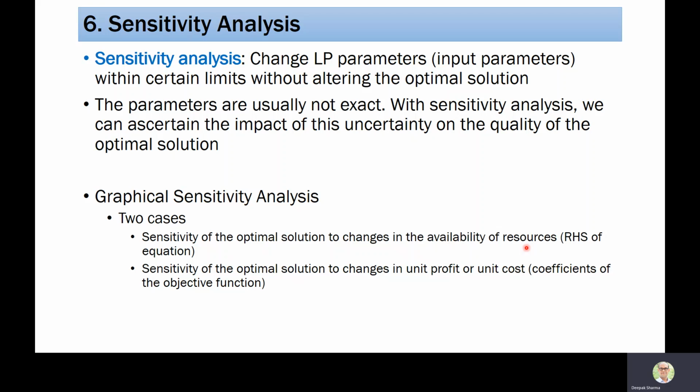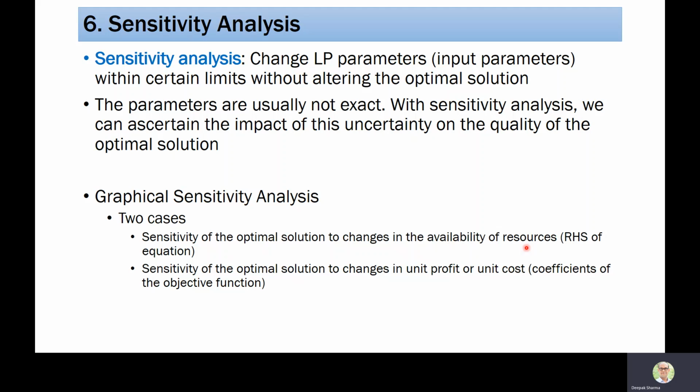Now suppose at one point of time, for example during the heavy rainy season, we are unable to get sufficient raw material or we are unable to use the machines at their full capacity. So when we are not going to get the raw material, this means the right hand side is changing, and we know that our optimal solution can change.